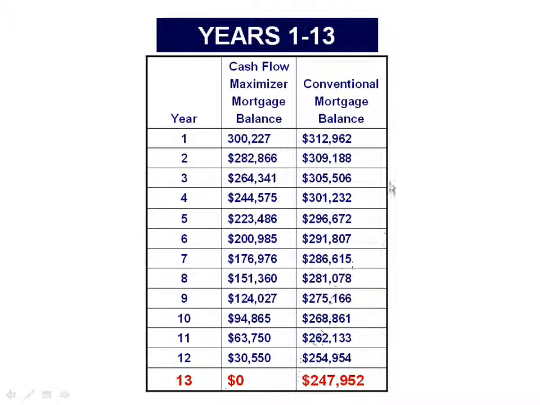Whereas with the conventional method, he will still owe $247,952 on his mortgage, or about 80% of the mortgage is still due to be paid with interest. So again, Joe's using this strategy to dramatically reduce his mortgage without changing his spending habits or his financial lifestyle one bit. He's just using a different methodology.